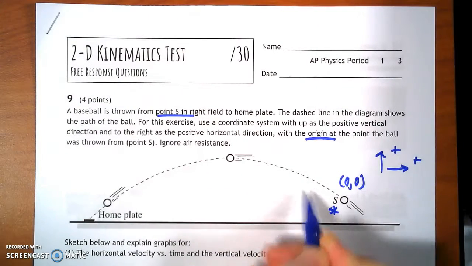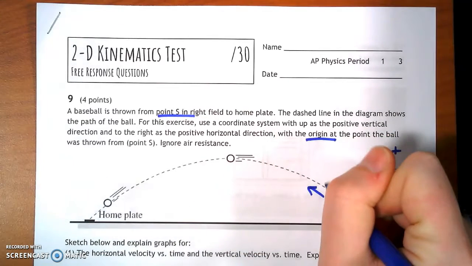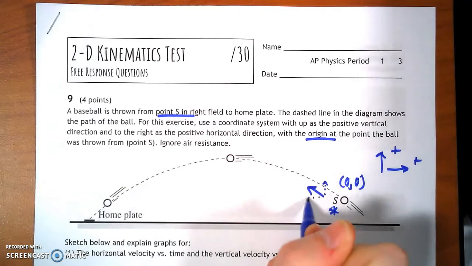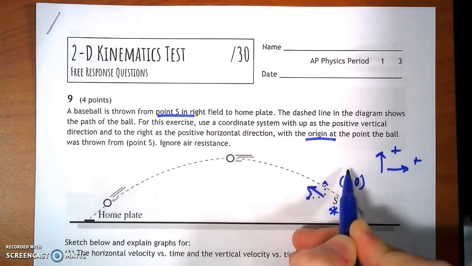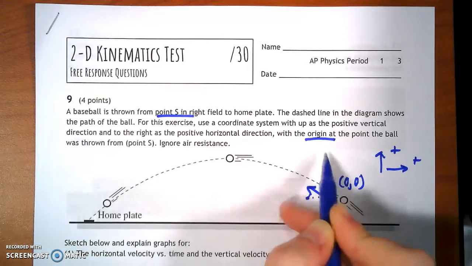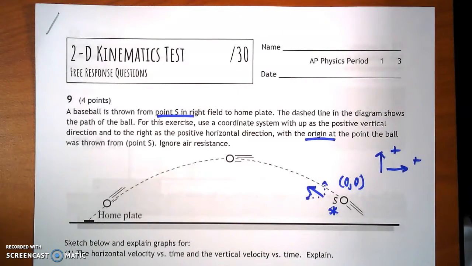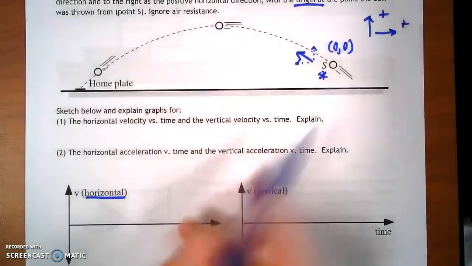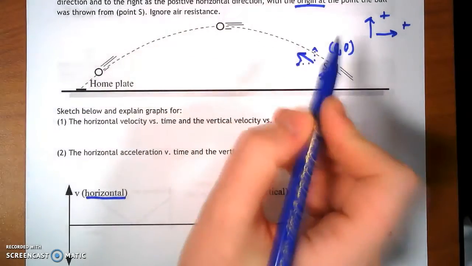The ball is going to be moving this way. That means that it's going to have a component that is up and to the left. We've already said that to the left is the negative horizontal direction and that up is the positive y direction. So if I start on my graph down here and I look at my horizontal direction, I'm starting with a negative velocity in the horizontal direction. I already know something.